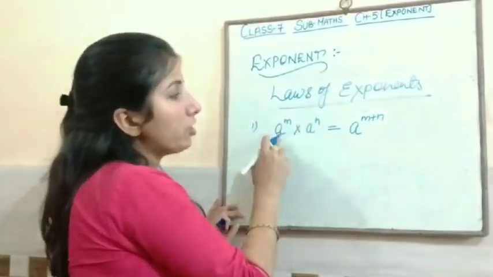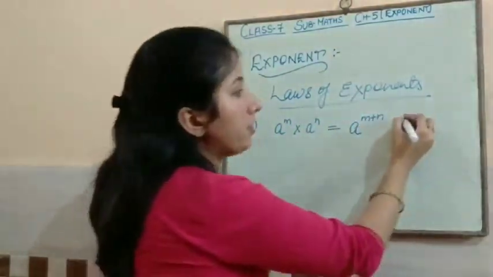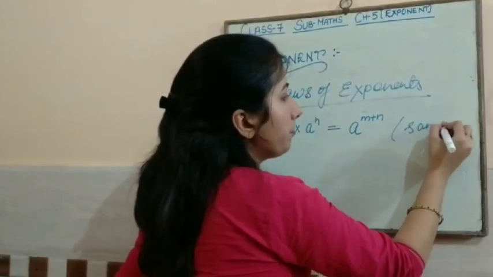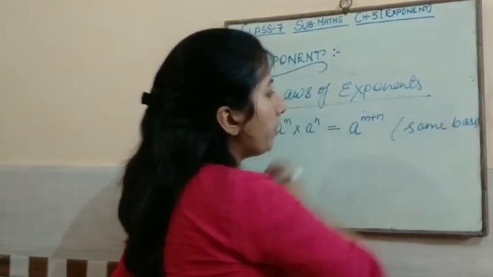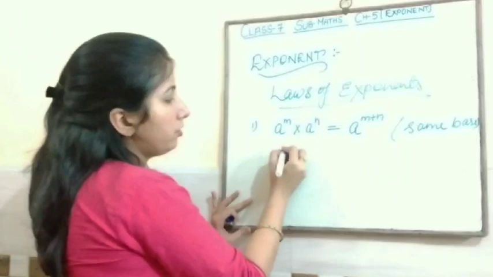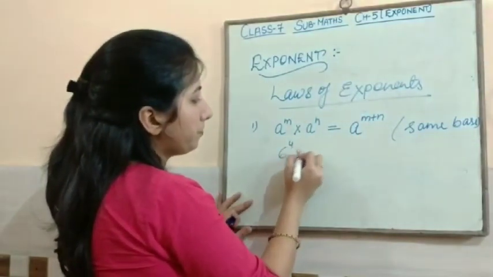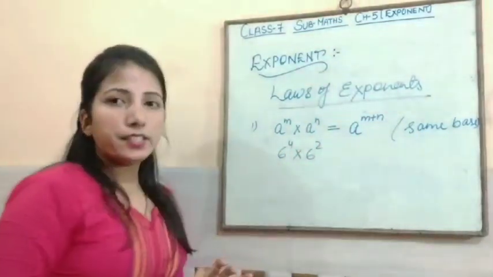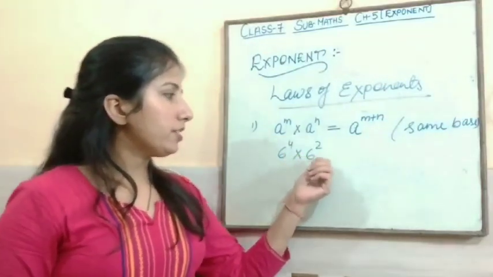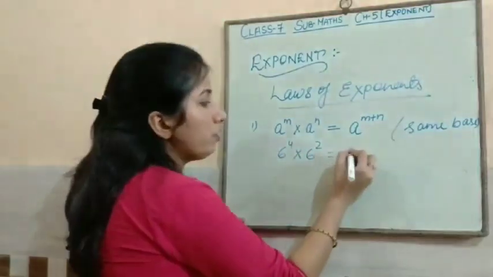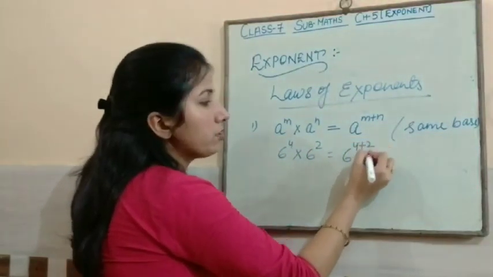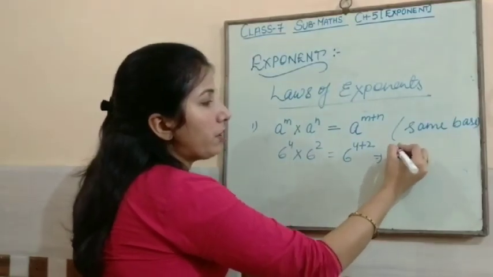So in multiplication, if bases are the same, then the powers will be added. Same base. I am taking one example here. 6 raised to the power 4 multiplied by 6 to the power 2. So this will be 6 raised to the power 4 plus 2, equals 6 to the power 6.